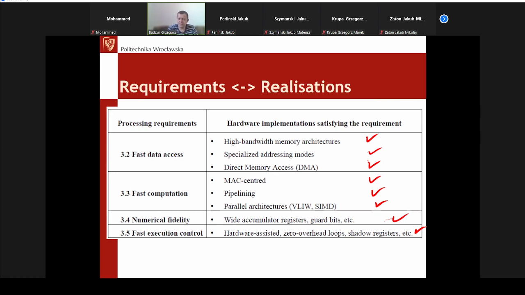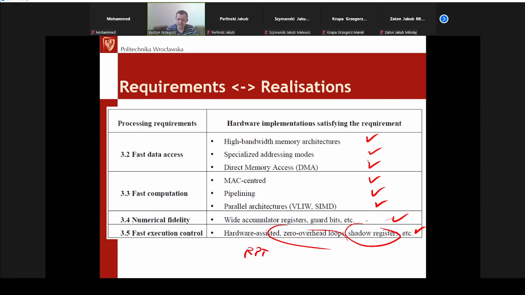instructions, especially for increasing the performance during the execution of loops. These are so-called zero overhead loops and special repeat instructions. And the idea of shadow registers is sometimes found too.